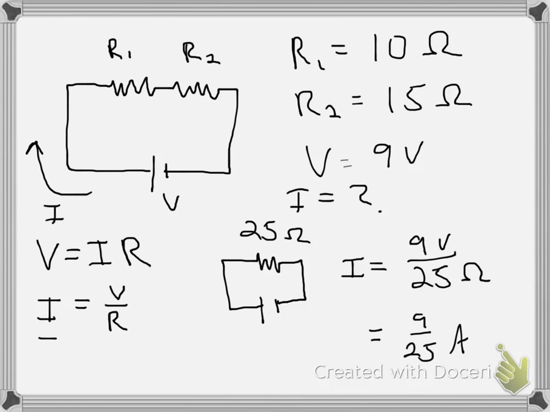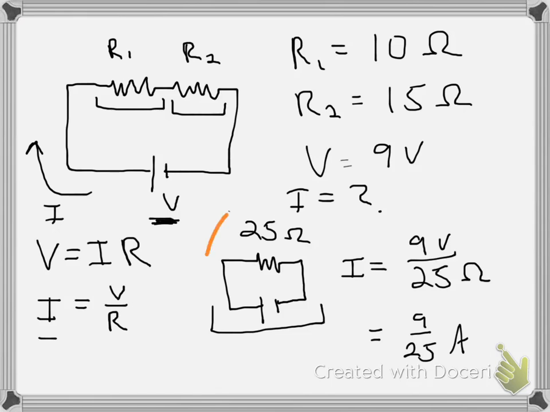But the crucial thing is to recognize that you've got to do this step. You've got to find the total resistance in the circuit that this voltage source is trying to push against to find out how much it's able to push. So if you just did this using only R1 or R2, you're going to come up with the wrong answer, because in fact, from the perspective of the battery, this situation, let me get a different color.